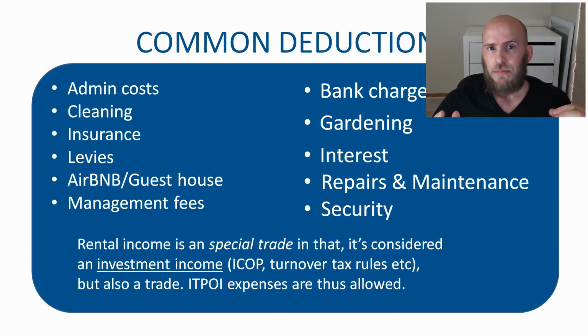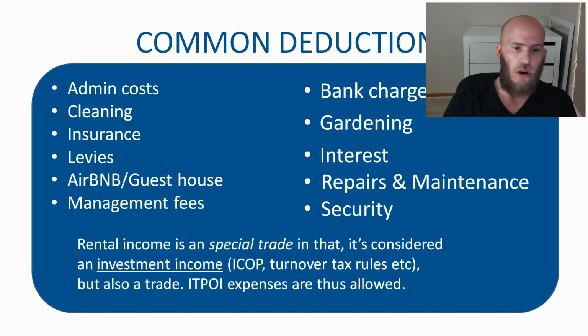Common deductions are admin costs, bank charges, cleaning and upkeep of the property, gardening to maintain the garden, property insurance, interest on the bond, levies, rates and taxes, also Airbnb related expenses. There might be DSTV that you've plugged in, there might be internet that you've installed at the Airbnb place, those can all be deducted.